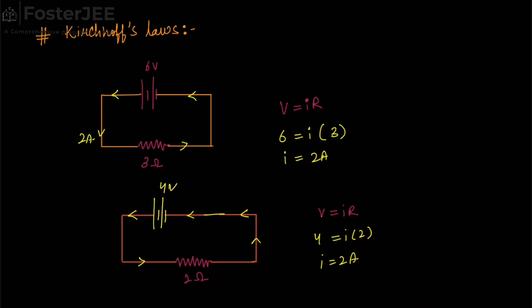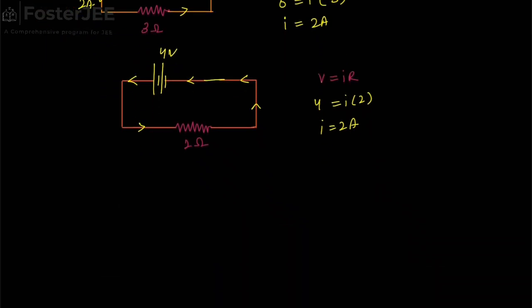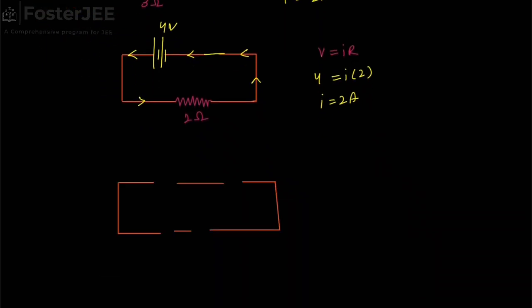A third case can also arise, like suppose here a resistance of 6 ohm is placed and a battery of 10 volt is provided, and also here one more battery of 5 volt is present, and we have one more resistance of 4 ohm.